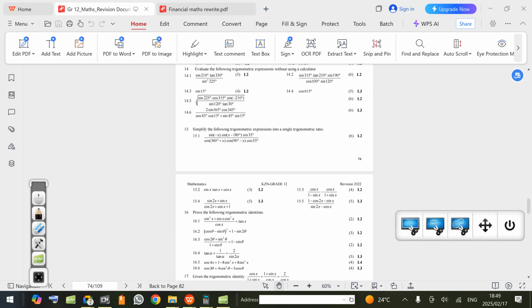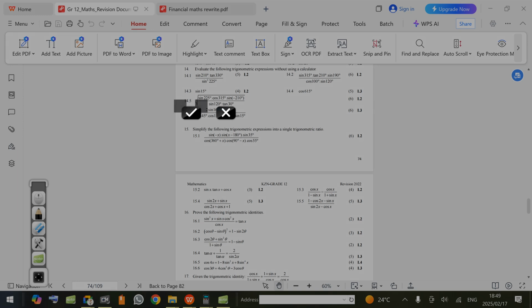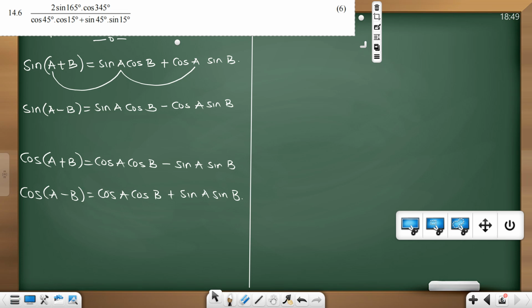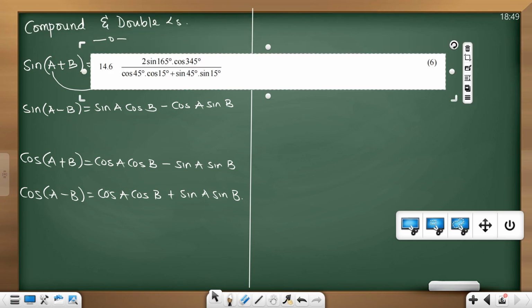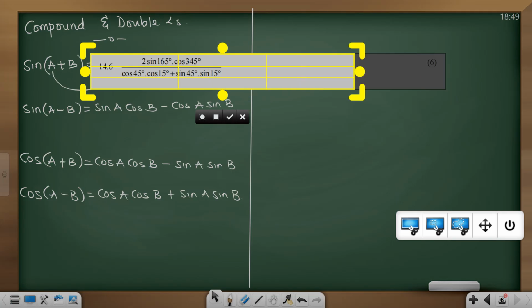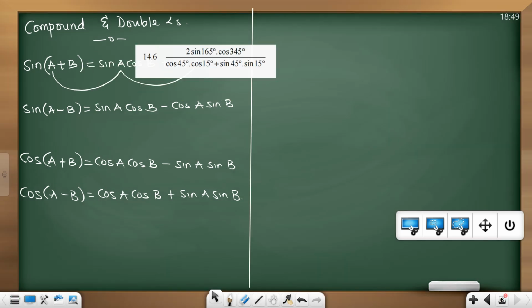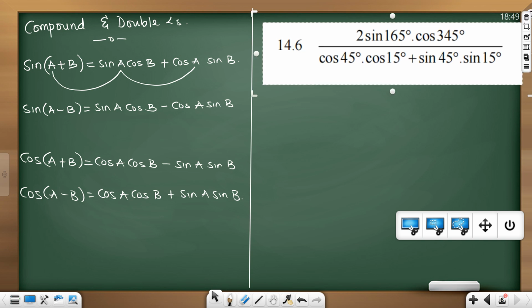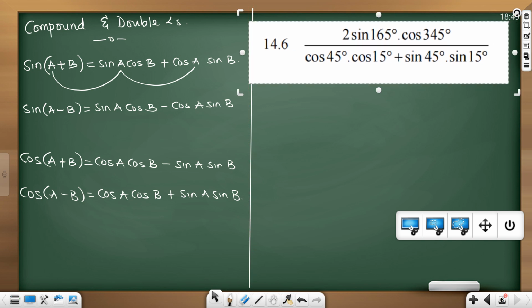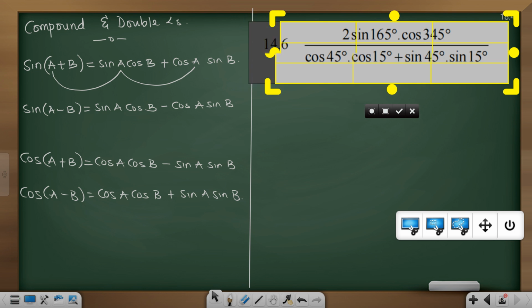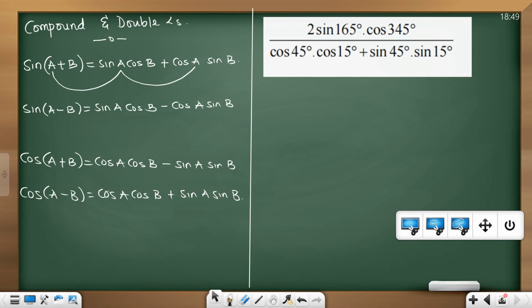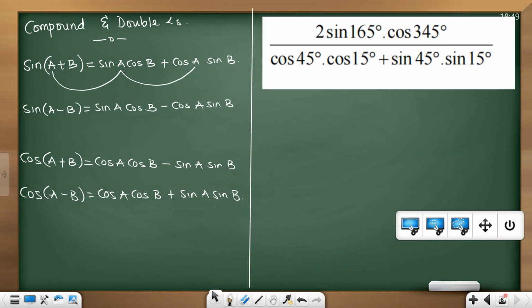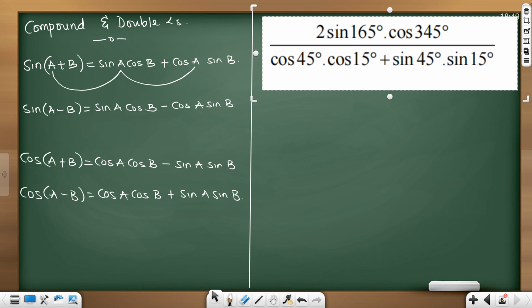Check this one, I just found one: 6 marks. Let me cut the 6 marks out and I'll write it out. Look at this, such a beauty.